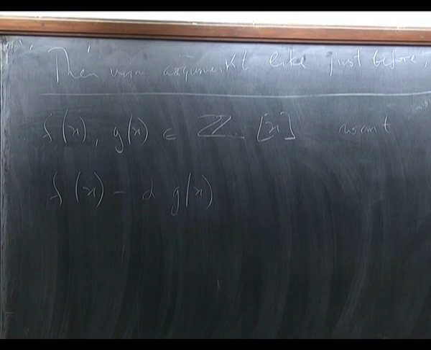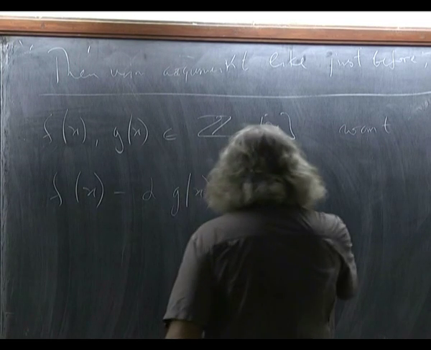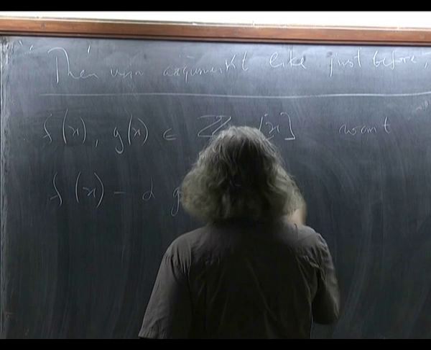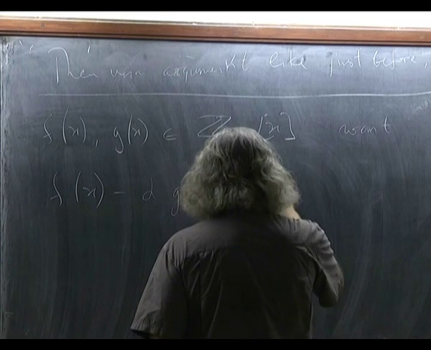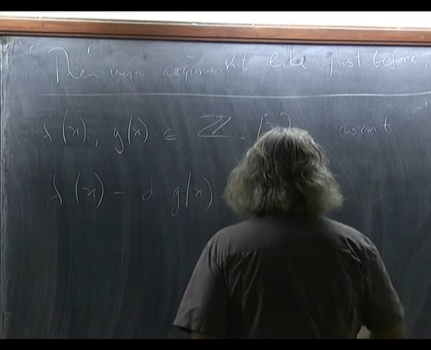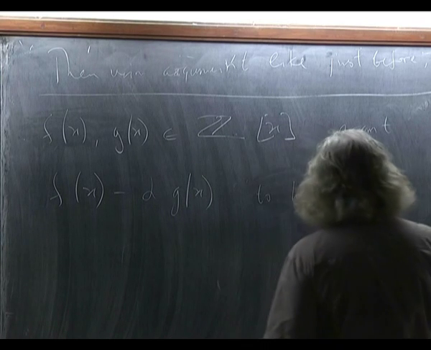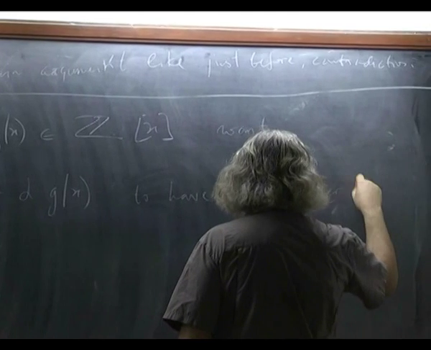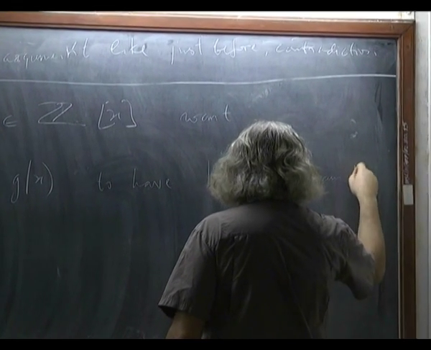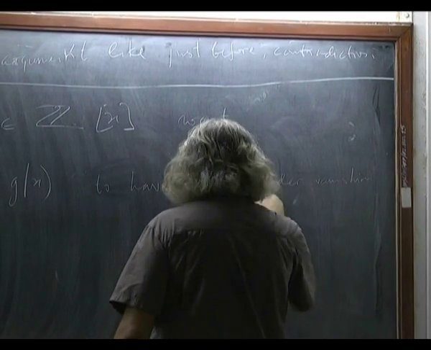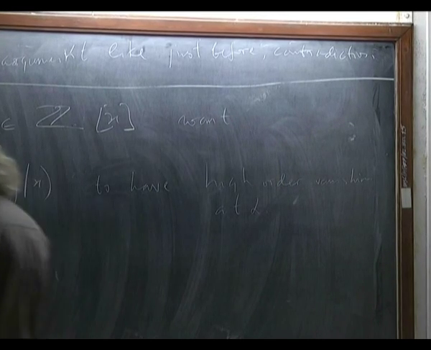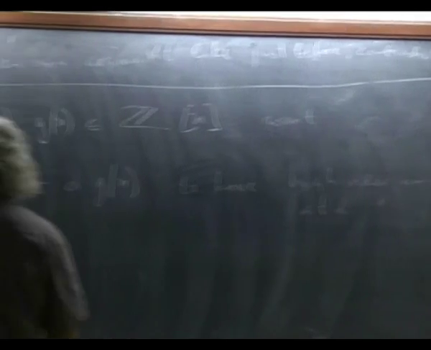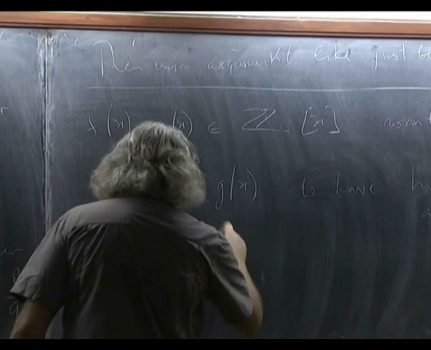It is again a polynomial, but already with algebraic coefficients, right? And we want this to have a very high order of vanishing at alpha.